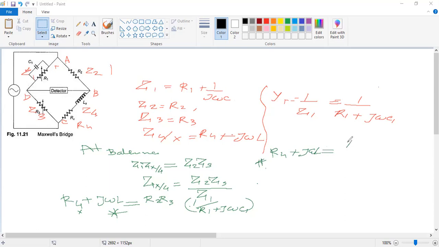Now look, it is coming R2 R3 by R1 plus j omega C1, or normal C. Now equate the real and the imaginary parts. Just equate the real and the imaginary parts.